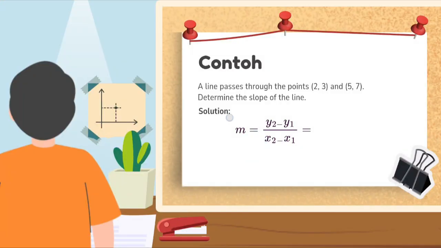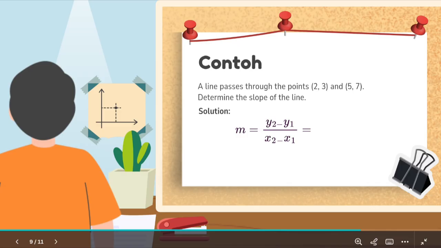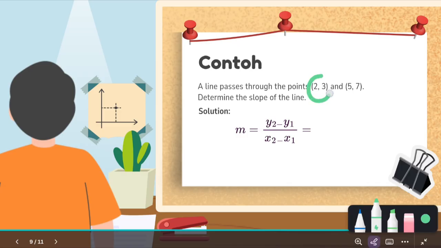Okay, now we can substitute the coordinates, with (2, 3) as coordinate 1 and (5, 7) as coordinate 2.